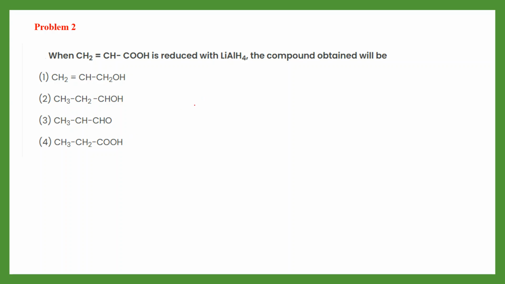According to you, which option is most appropriate? Ma'am, I think it will be option 3. You are saying the double bond will reduce and the acid will get converted into aldehyde. No, ma'am, I'm sorry, I think it will be the first option. Exactly. Can you tell me how many hydrides one LAH can give? I think it's 1.